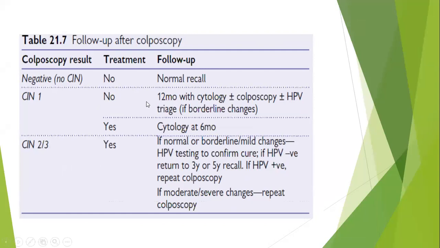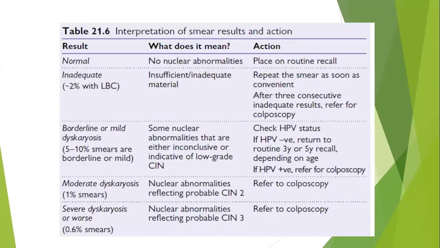If there is no CIN1, then 12 months with cytology with colposcopy. If CIN2 and 3, you need to refer the patient for the treatment. So this is how you're going to interpret the colposcopy results, and this is how you're going to interpret the pap smear results.